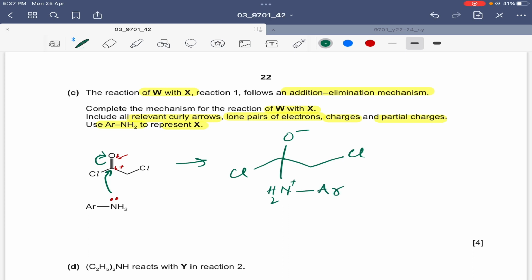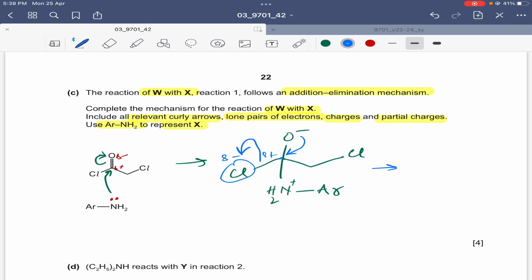Now the oxygen, as chlorine is a good leaving group, so oxygen would move its negative charge to the carbon, and carbon will break its bond with the Cl. As Cl is partial negative, carbon is partial positive, so these two electrons would be taken by Cl and it releases, and this bond will break.